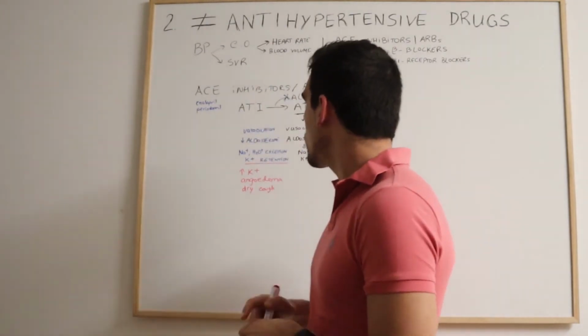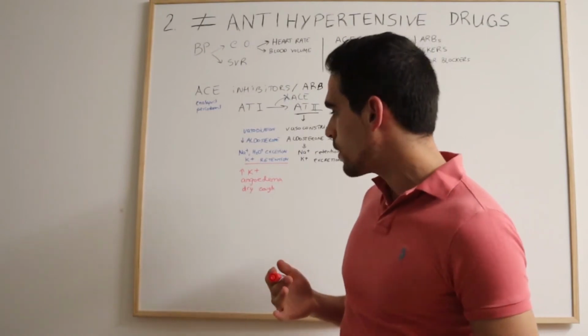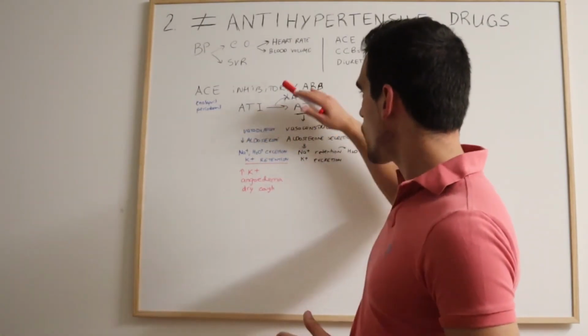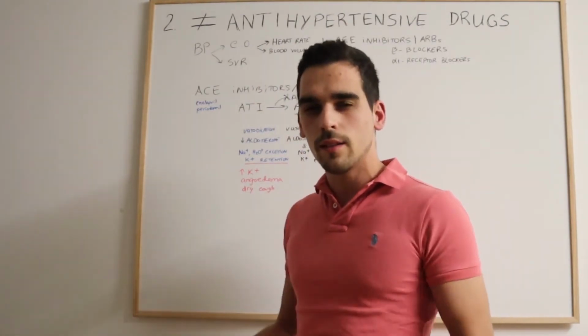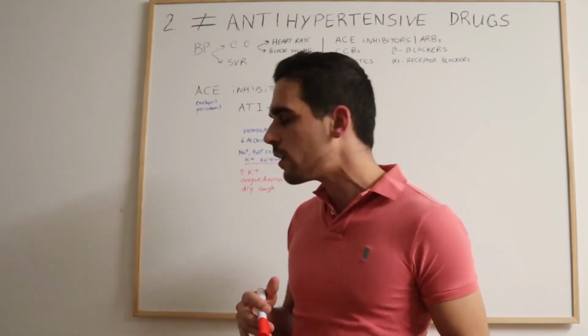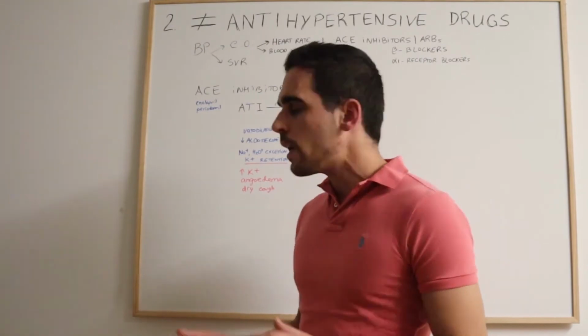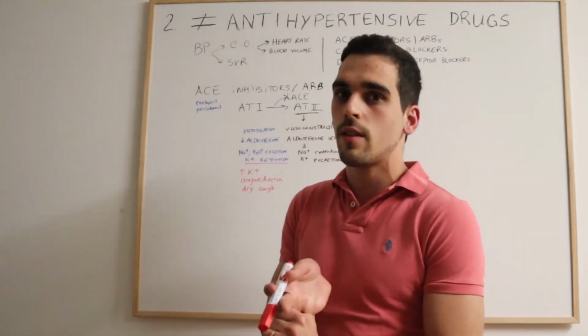The ACE enzyme is also responsible for the breakdown of bradykinin in the lungs. When it's inhibited, there is no breakdown of bradykinin, so it accumulates in the lungs, and then patients suffer a dry cough. Bradykinin is a bronchoconstrictor, and it's also a vasodilator.